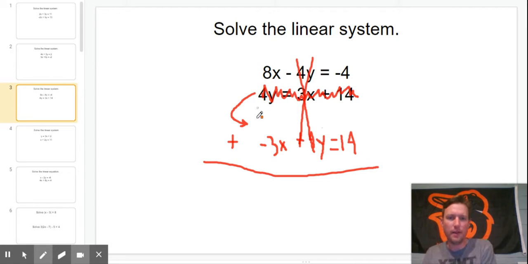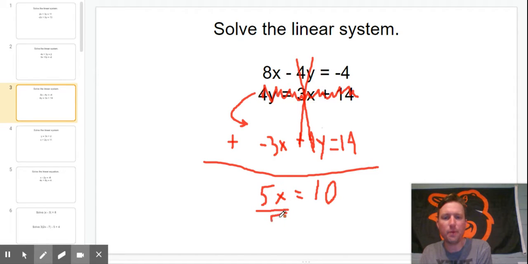What we're left with is a pretty simple addition problem. I have 8x plus negative 3x, which would give me 5x. And if I have negative 4 plus 14, that would give me 10.